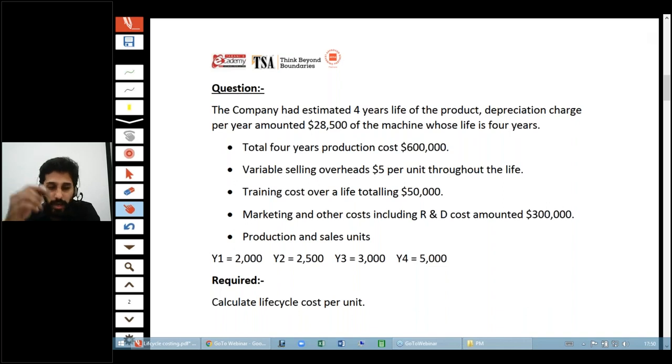You are supposed to calculate the life cycle cost per unit.